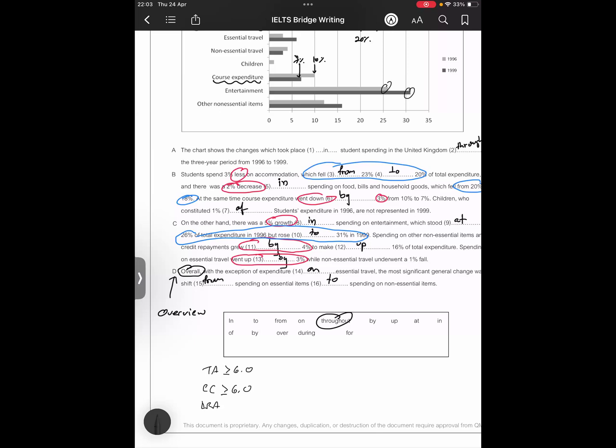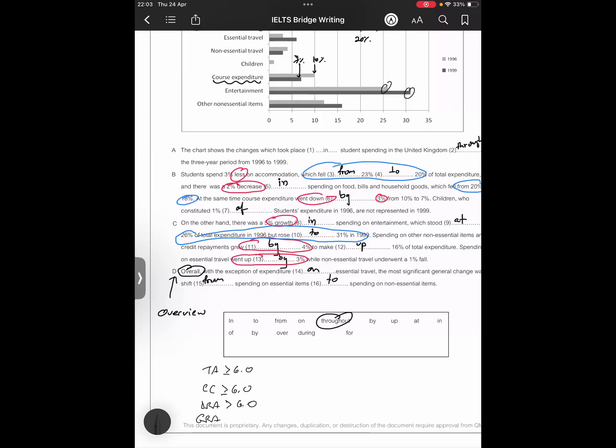Now, lexical range and accuracy. As for lexical range and accuracy, I am quite impressed because there has been a variety of words. The writer never repeats the same words more than one time. So this is definitely greater than 6.0.